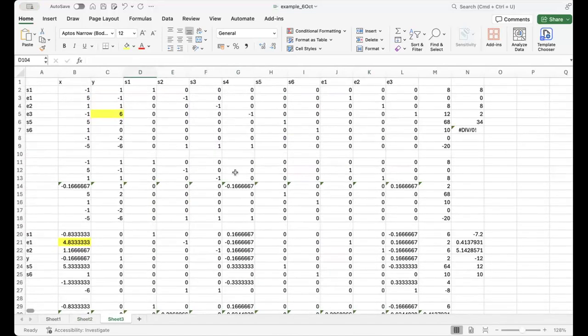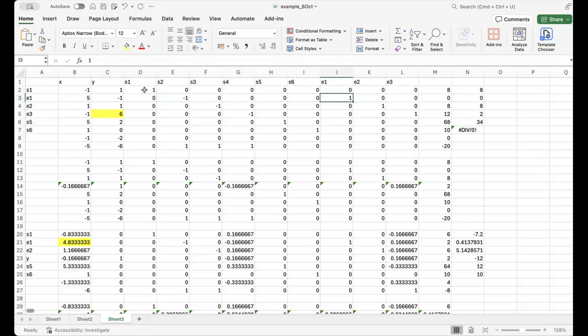And you see that, of course, from the first inequality constraint, we need to select variable S1. And for the second one, we add E1 and subtract by S2.